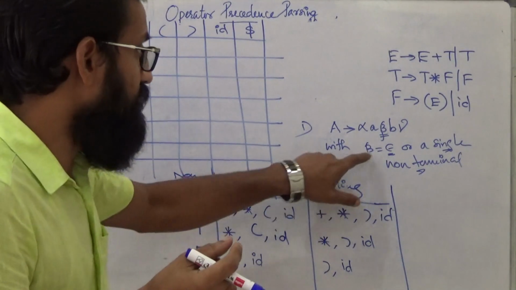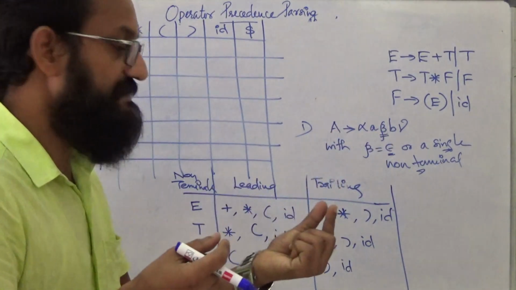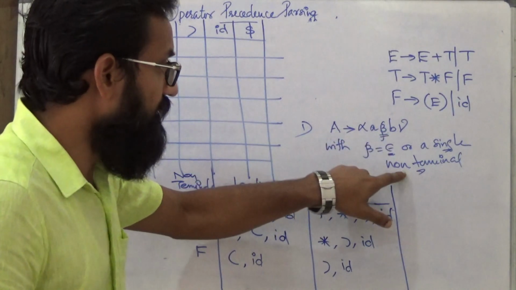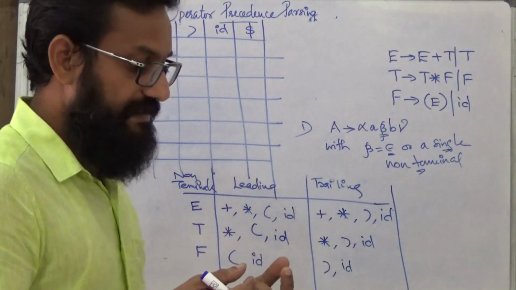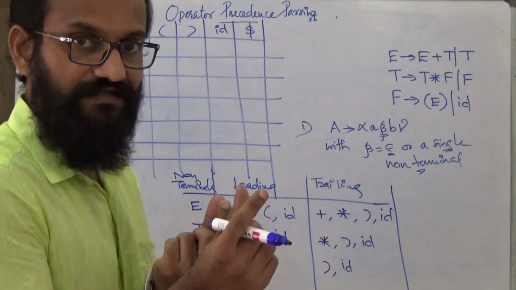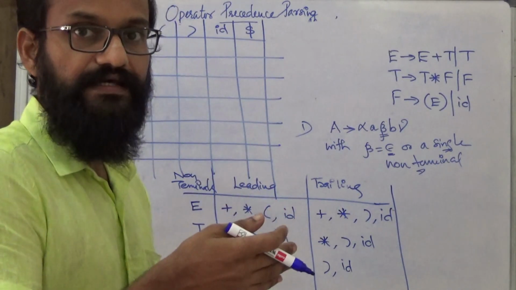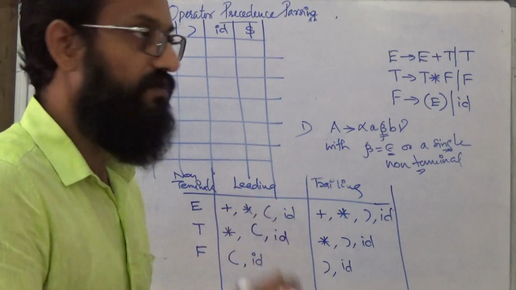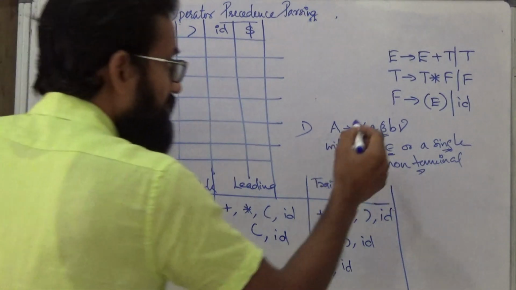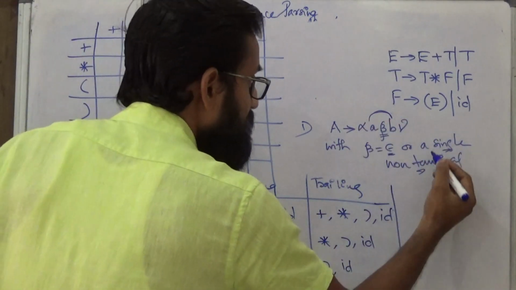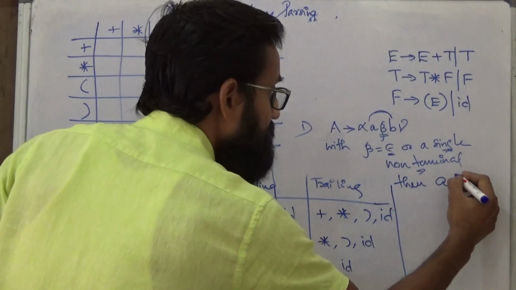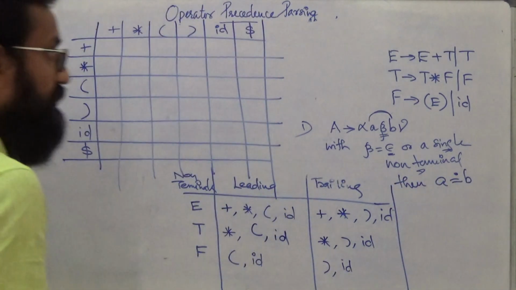If beta equal to epsilon, then A and B will be adjacent terminal symbols. Or if beta is a single non-terminal, then A and B are two adjacent terminal symbols separated by exactly a single non-terminal. If that is the case, you can relate A and B using equal precedence relation. Then A is having equal precedence as compared to B. This is the first rule.